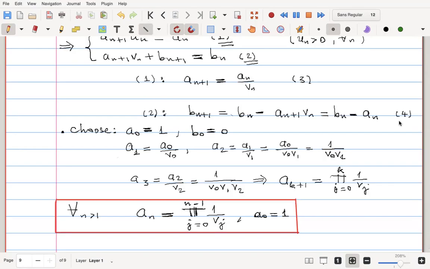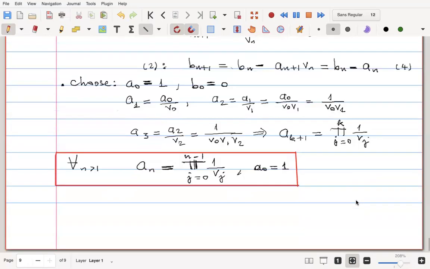So for our b_n, with the same choice that we made for b_0, let's compute a few terms of our b, and then from there we will write the general expression. So let us quickly do this.